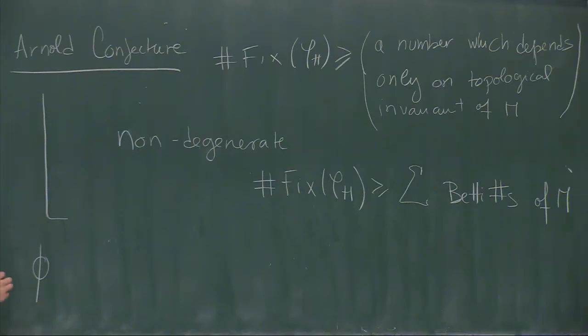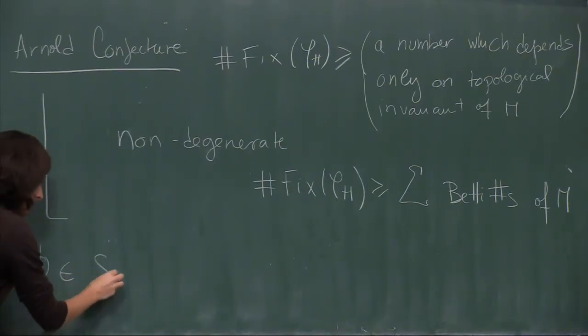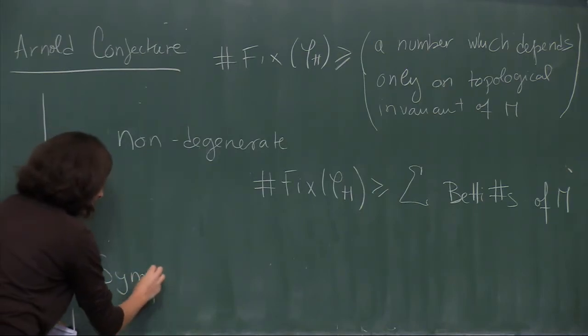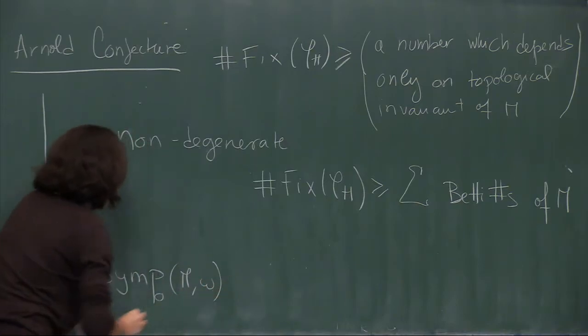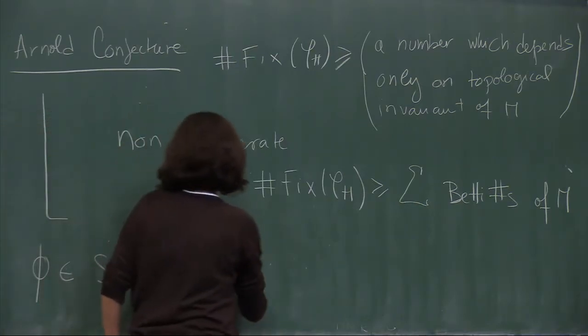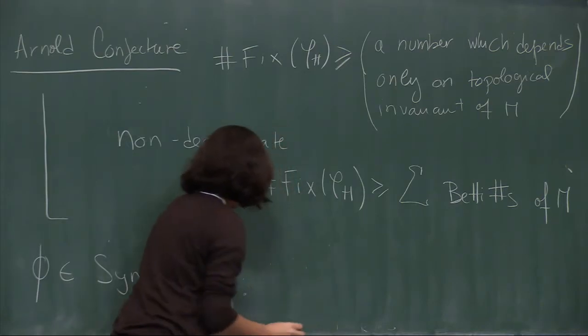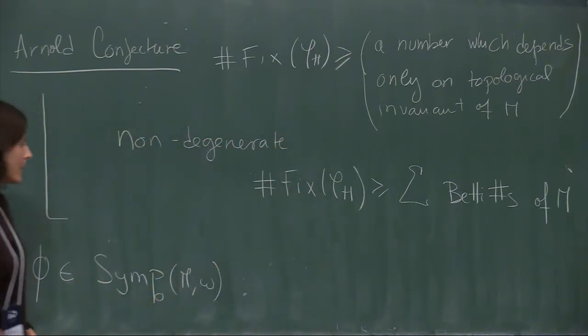These are the symplectomorphisms I'll work with. Phi, which live in the identity component of the group of the symplectomorphisms. That is, they are connected. So they are connected to the identity by an isotopy.